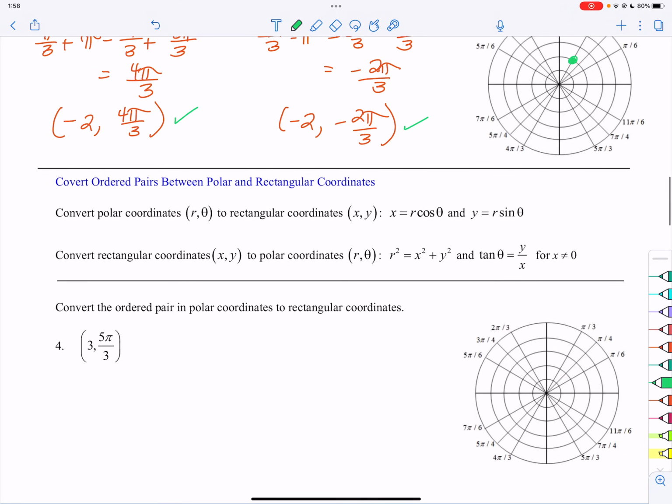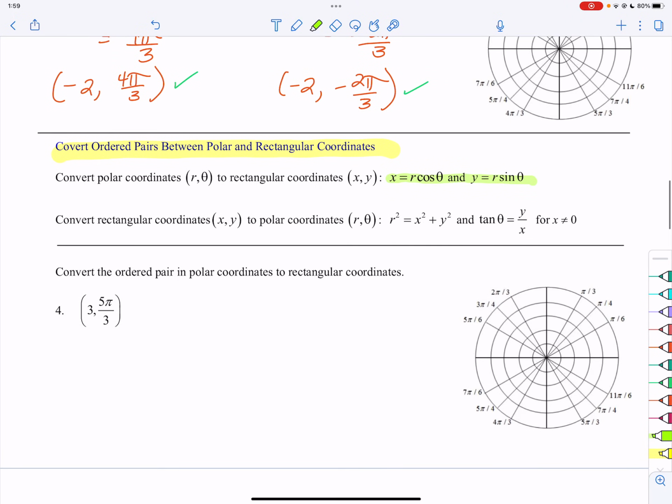Okay, convert ordered pairs between polar and rectangular coordinates. So in order to convert polar coordinates to rectangular coordinates, we are going to use that x equals r cosine of theta and y equals r sine of theta.